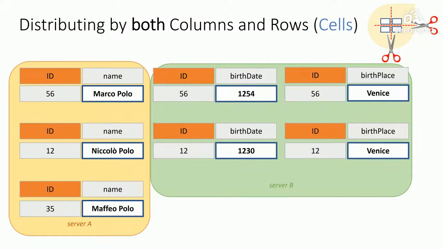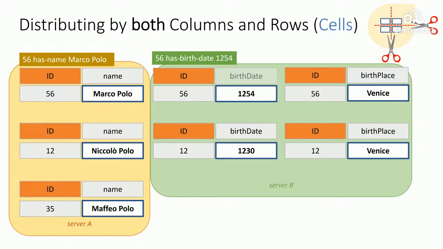So what do these cells say? 56 has name Marco Polo, has birth date 1254, and has birthplace Venice. The first statement happens to be in server A and the others in server B. Data is completely atomized and distributed.